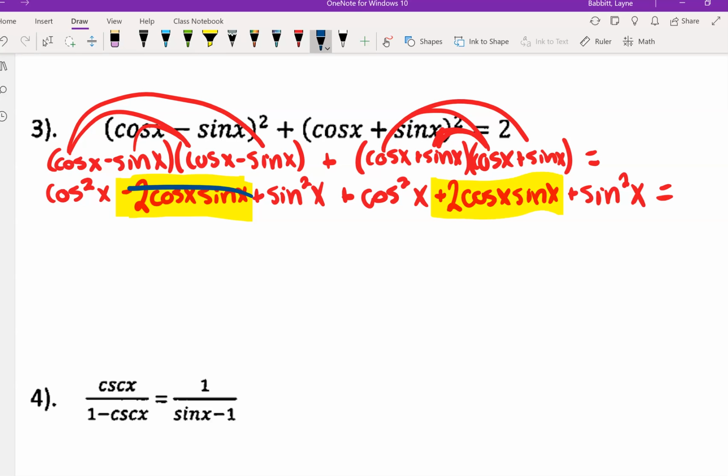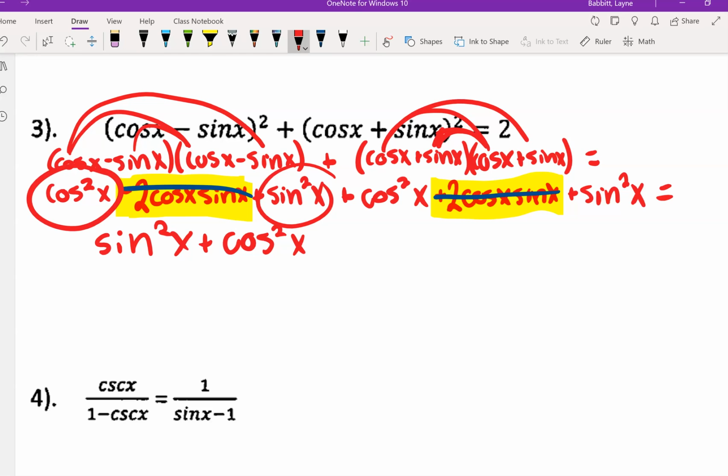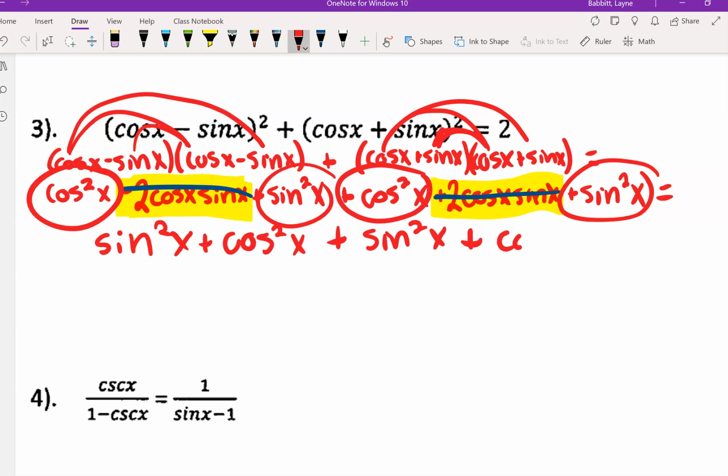They will cancel out. And then what I have here is sine squared x, that's this one here, plus cosine squared x, that's that one there, plus another sine squared x, plus another cosine squared x. Remember, I'm trying to get that to equal 2.